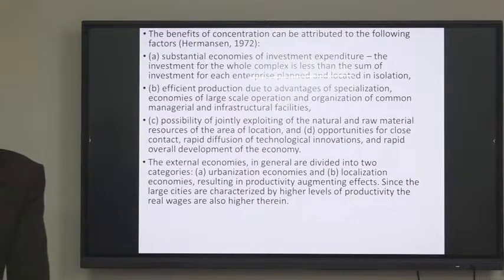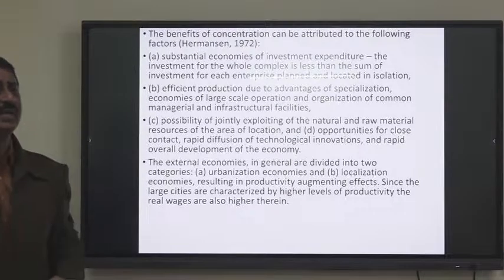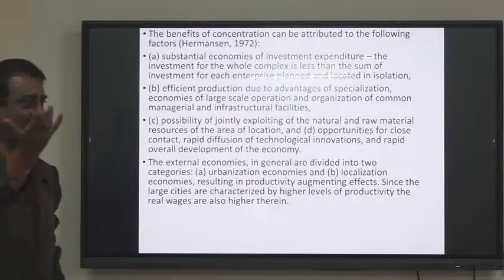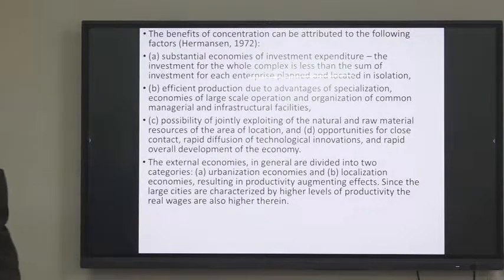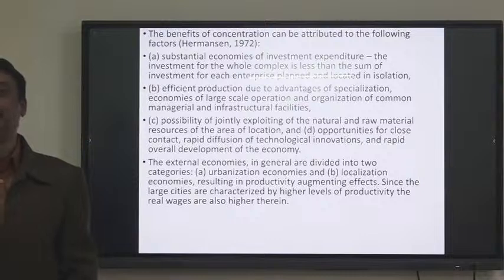There is a slight difference between Edwin Mills' concept and Henderson's concept. Edwin Mills said that whatever activities you are doing, you are manufacturing chemical goods, I am manufacturing iron and steel, all of us should come and do it in one region, the Gujarat model. Henderson is saying, no, it's not concentration of all kinds of activities, but concentration of specific types of activities.